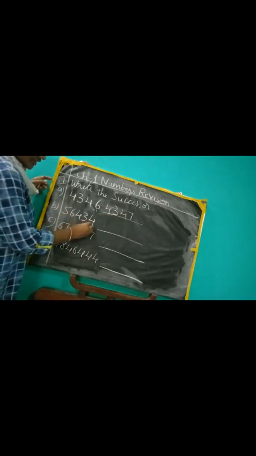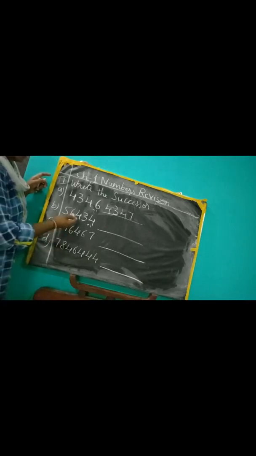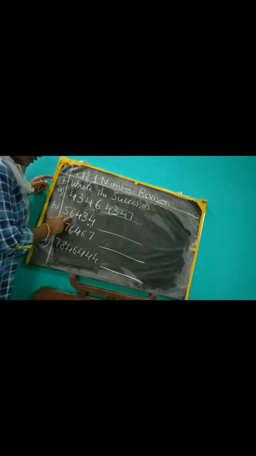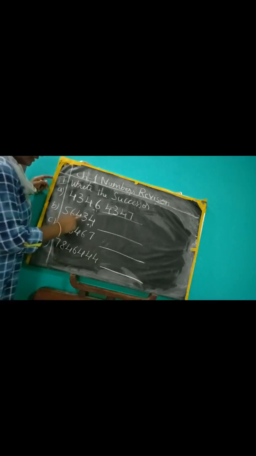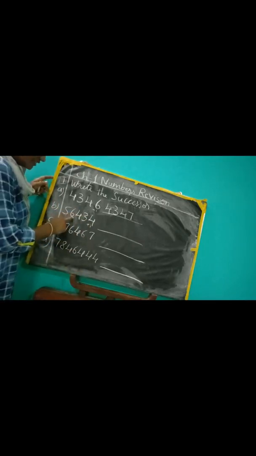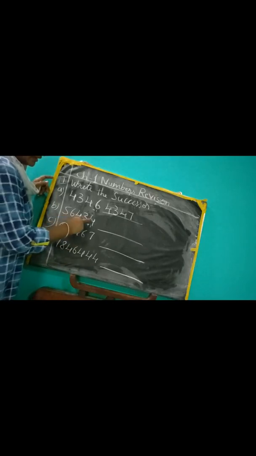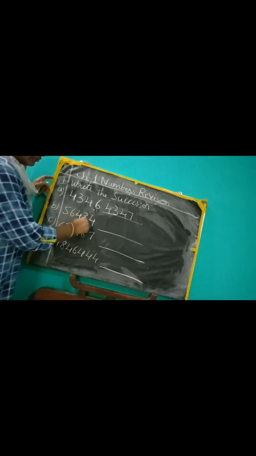Next, the same. In the ones place you should add 1. What is that number? 56,434. After it, 56,435, because in the 4 we added 1. Understood?